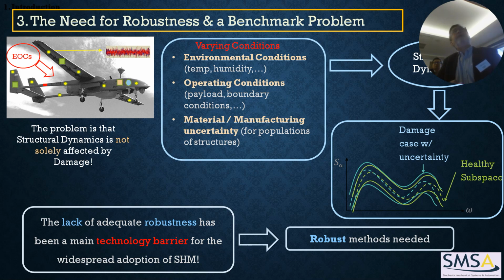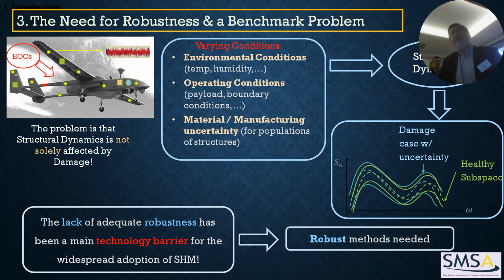If we're talking about operating conditions, the structural characteristics will be affected by the payload, by the boundary conditions, by the mode that the aircraft operates under. For instance, if it is flying a specific way, if it's landing, if it's taking off, and so forth. So all this uncertainty is creating essentially false alarms. If we try to apply a classical approach, you will get a lot of false alarms, and we have to somehow account for this. Now, why is this happening?